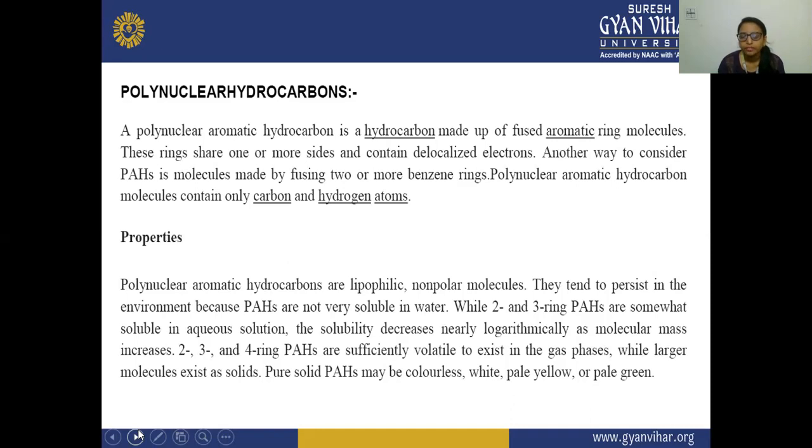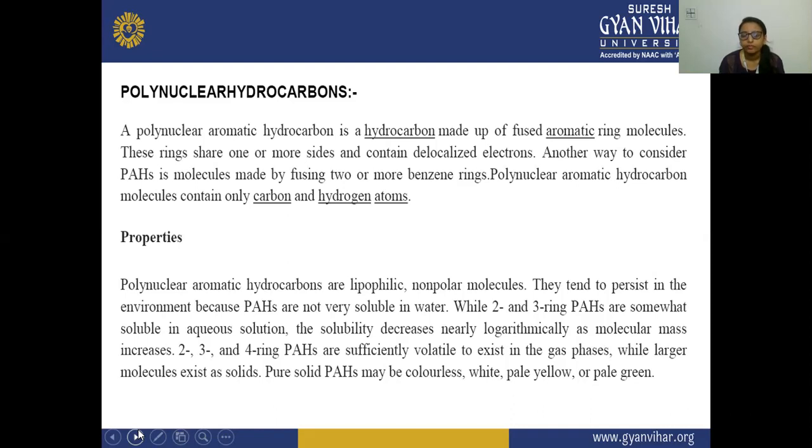That is why it is written here that PAHs containing 2 or 3 rings are soluble in the aqueous solution, but the solubility decreases as the molecular mass increases.